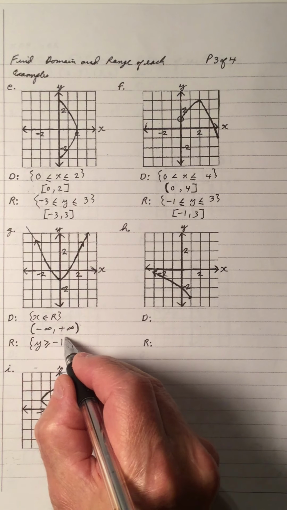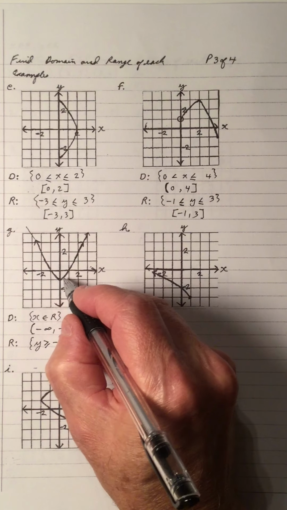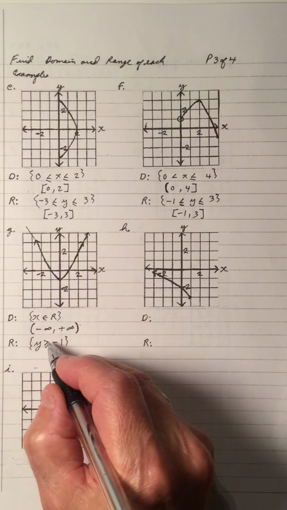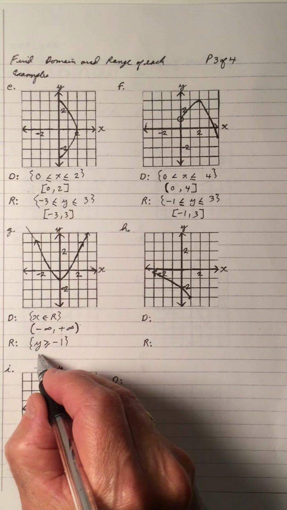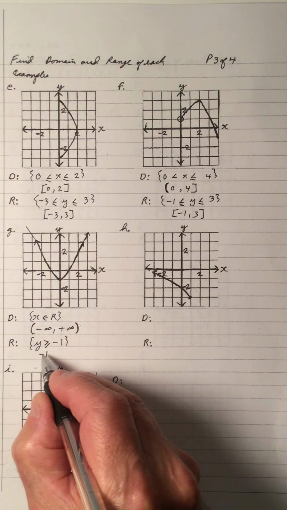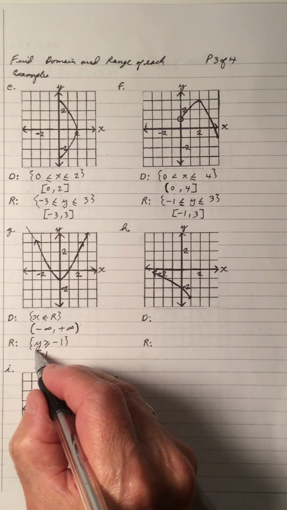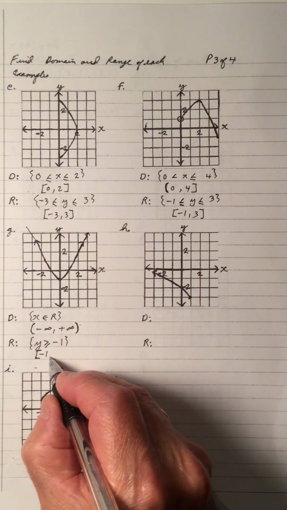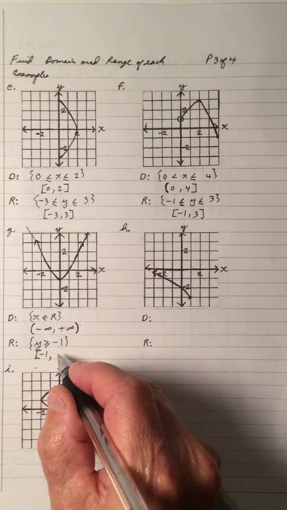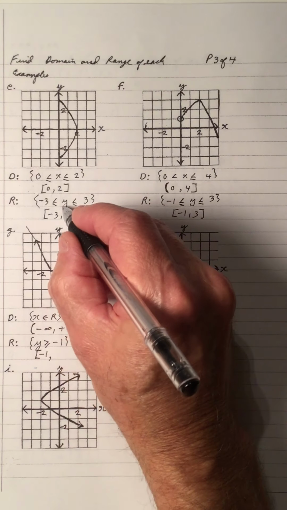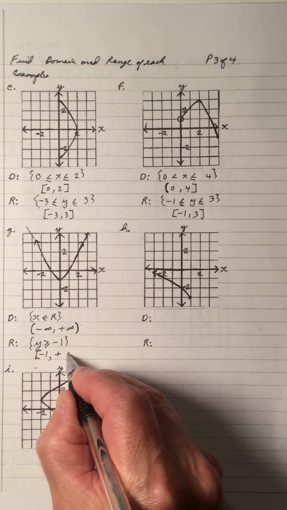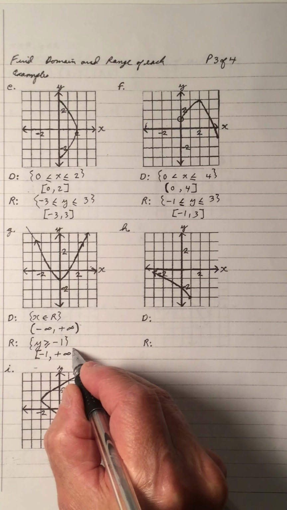So y is greater than or equal to -1. The y values start at -1 and go up. So going up is greater. And that means you have -1 in a square bracket, and you're going up to positive infinity if you're using interval notation.